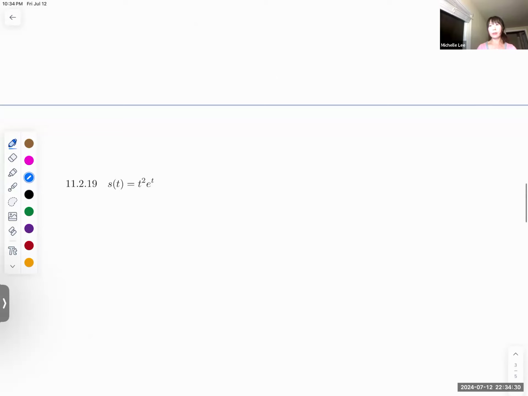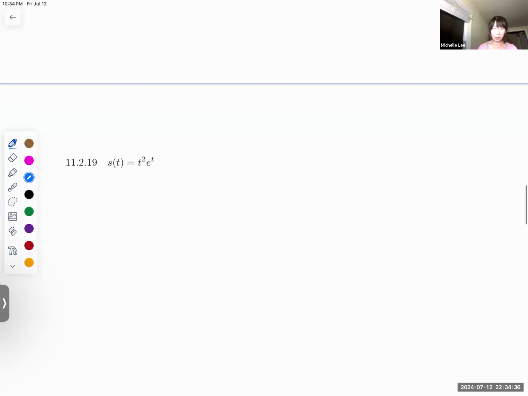This one, we must use the product rule this time because there's no alternative method we can use. So this is u times v, and we want s prime over t, which is u prime v plus u v prime, the product rule.